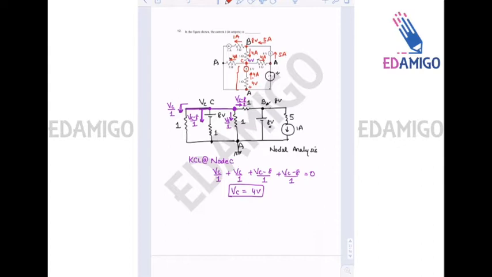So KCL at node A, you can see that 4 ampere is coming from the left, 5 ampere is going outside. So I is also an outgoing current. So KCL at node A, 4 ampere is the incoming current and outgoing current is 5 ampere plus I. So I is equal to minus 1 ampere.